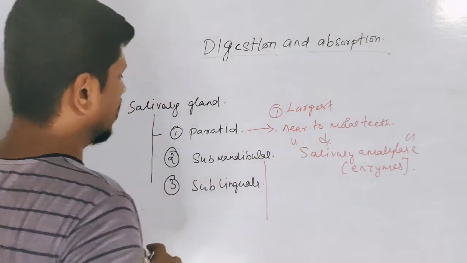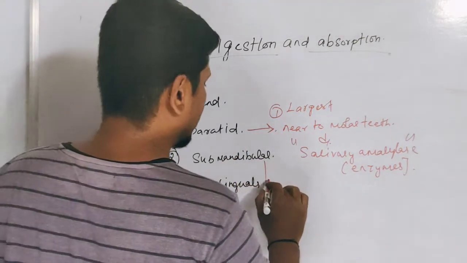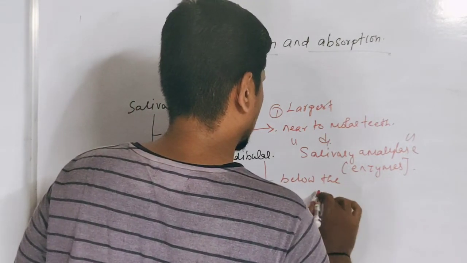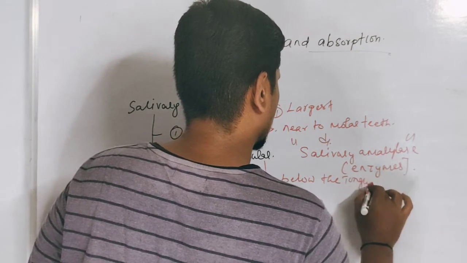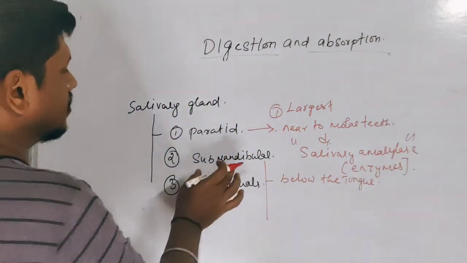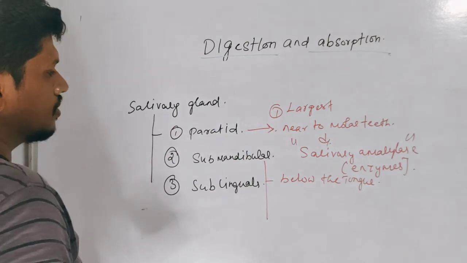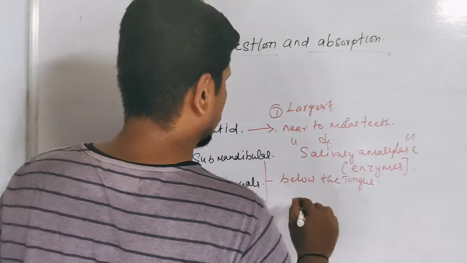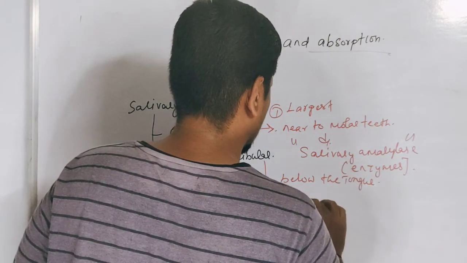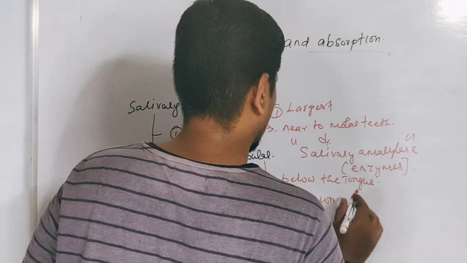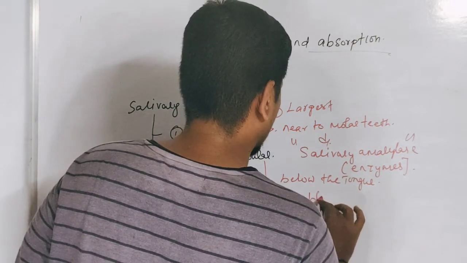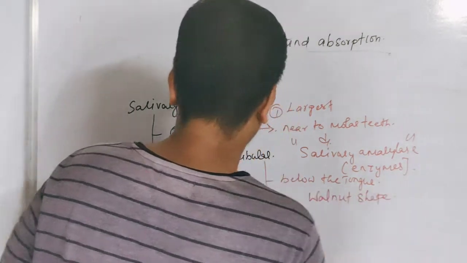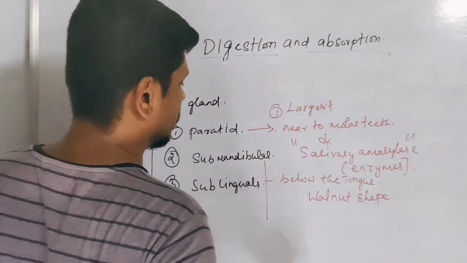Submandibular. This submandibular, where it is located? Below the tongue. Clear? What is the shape of submandibular? Yes, it is almond shape. You can consider walnut shape. Actually, this one, sublingual only, almond shape.